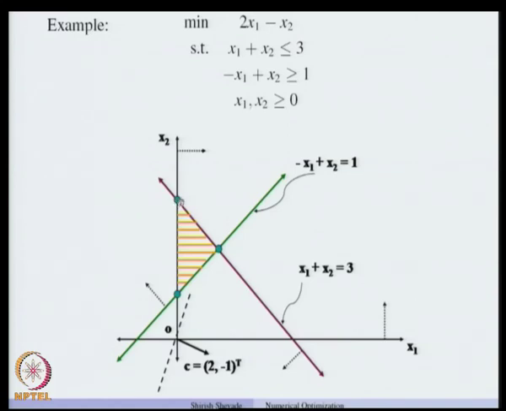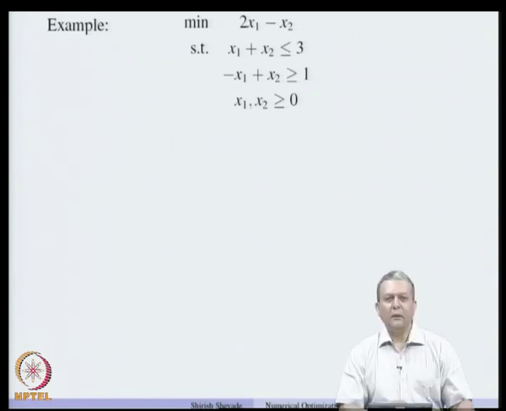So, therefore, this turns out to be our optimal point using the graphical method. So, let us verify this using the simplex algorithm that we have seen. Now, let us look at the constraints.